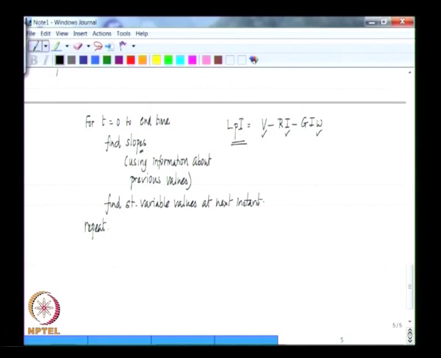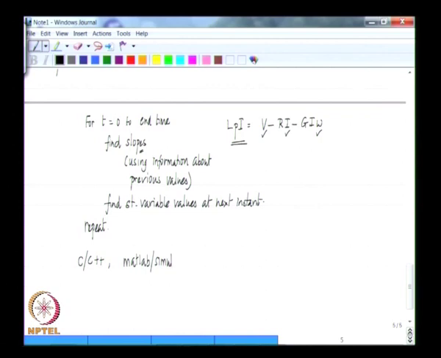There are various software available to do this job. One may write a code in maybe C or C++, or one may make use of specialized mathematical analysis software to do this job. Some of the well known software that are available are MATLAB and Simulink.